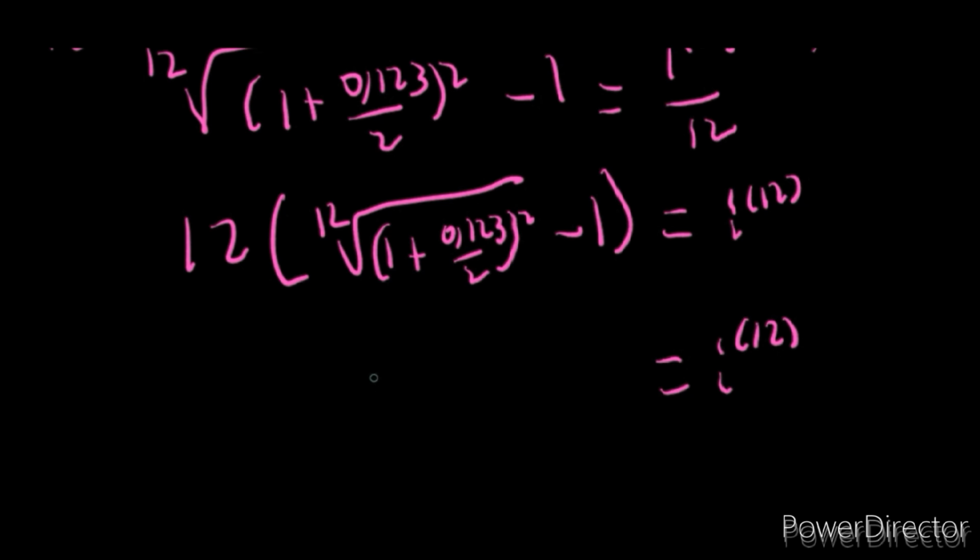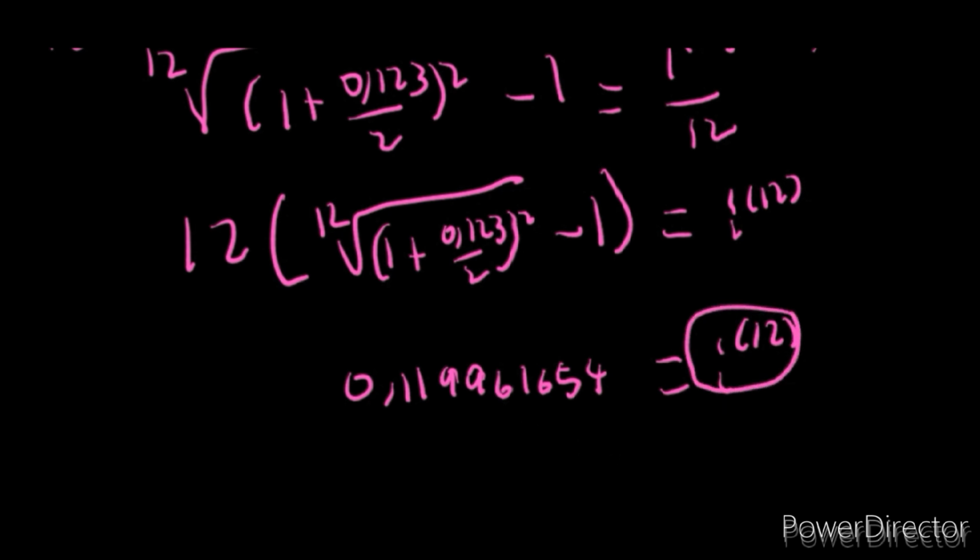So your answer will be 0.11996 1654. Please do not round off yet. Please do not round off until you have multiplied it by 100. Whenever you are finding interest in any situation, do not round off until you have multiplied it by 100.